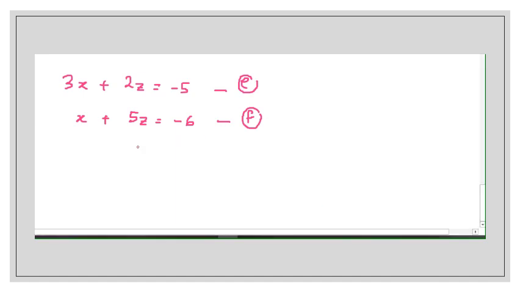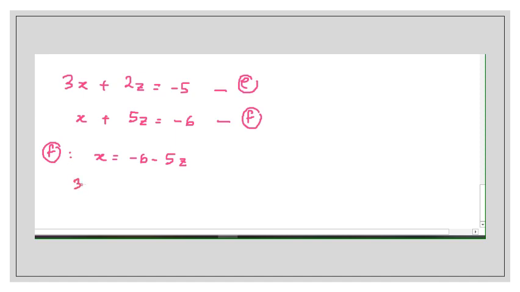We choose from equation F, x equal to negative 6 minus 5z. We choose coefficient 1, so it will be easier for you to substitute into one more equation. That must be equation E. Class, please get the tips: if you get x from equation F, you cannot sub again into F. You must sub into another equation, that is equation E.